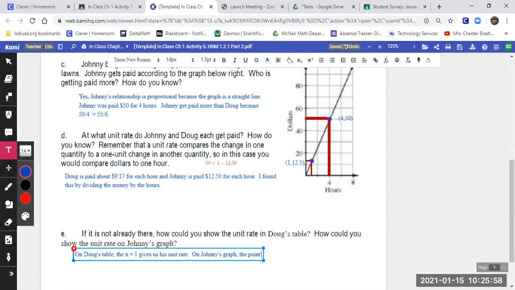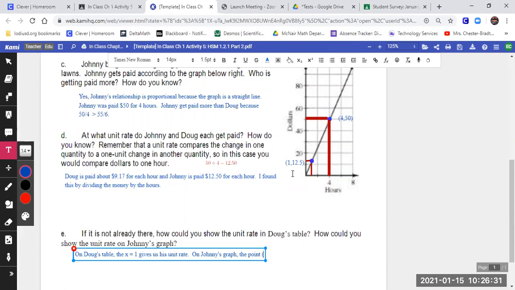So if we're looking at a graph, which point are we going to want to go look for? The one that goes parentheses what? What was his unit rate? What was the coordinate of his unit rate? Because on a graph, we need a coordinate. On a table, we can just go look for an X and figure out the Y.